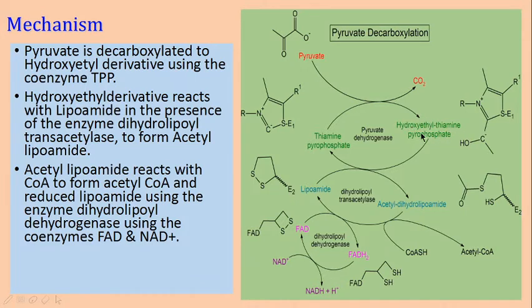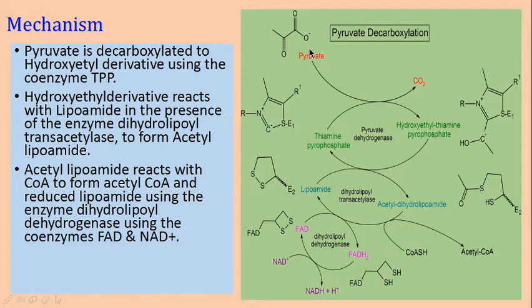This will be the product with the help of the enzyme, which is a multi-enzyme complex, so it has three enzymes embedded in it: pyruvate dehydrogenase, dihydrolipoyl transacetylase and dihydrolipoyl dehydrogenase. The first step is the involvement of pyruvate dehydrogenase, which will decarboxylate.